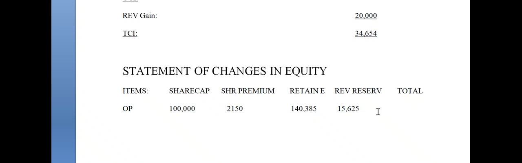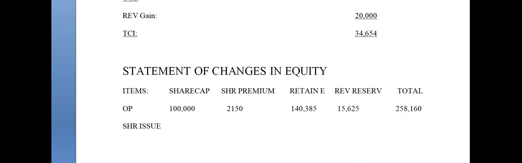So we were told there were issue of shares. 258,160. Thank you. We were told there were issue of shares during the year. So once there is a share issue, that's the first thing that we will treat.